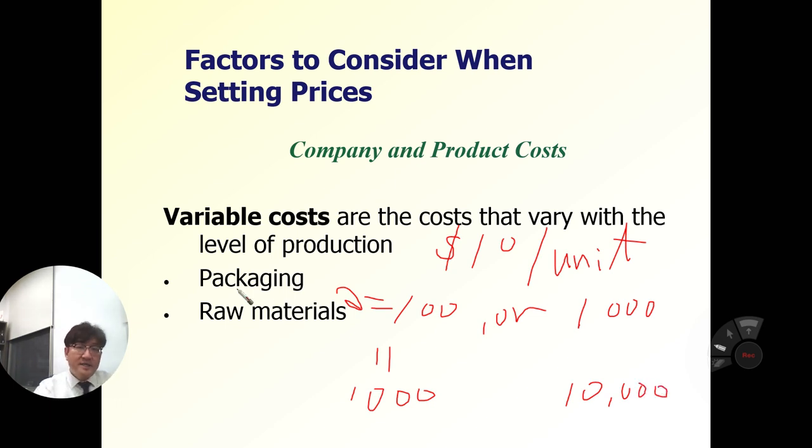See, the variable cost, although it says variable, when we say that, we mean the total variable cost varies on the level of production. However, unlike the fixed cost, the variable cost per unit is in fact fixed at $10.